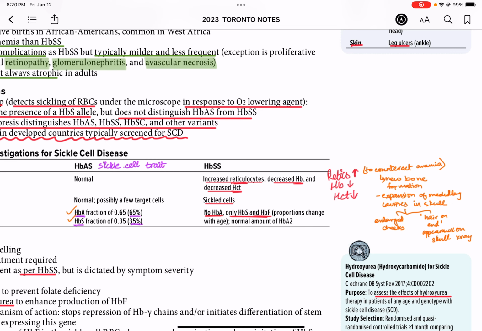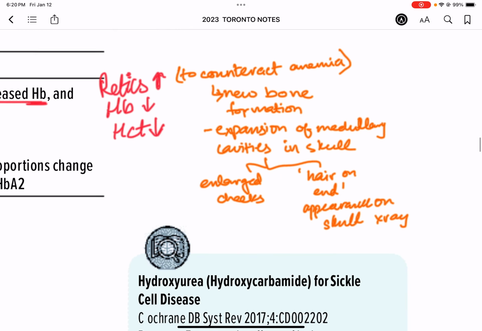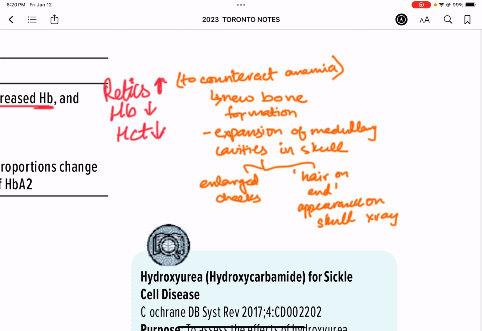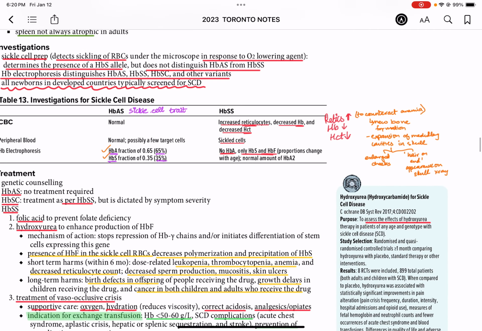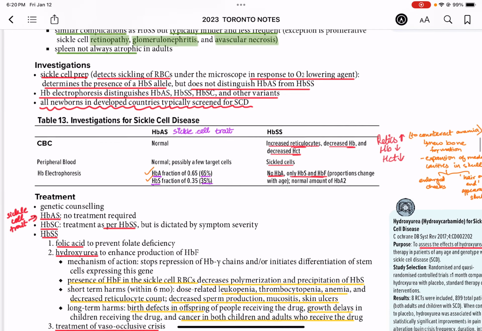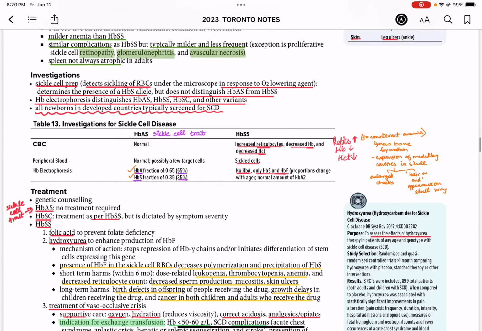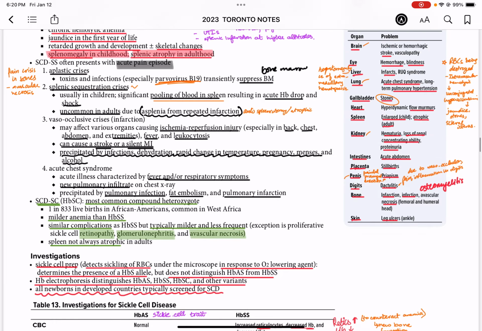So there is new bone formation, and you can also see some expansion of medullary cavities in the skull. They present with enlarged cheeks, and on the X-ray of the skull we can see a hair-on-end appearance. So this is how they are trying to compensate for the decrease in hemoglobin, and this is the reason we find increased reticulocytes in hemoglobin SS.